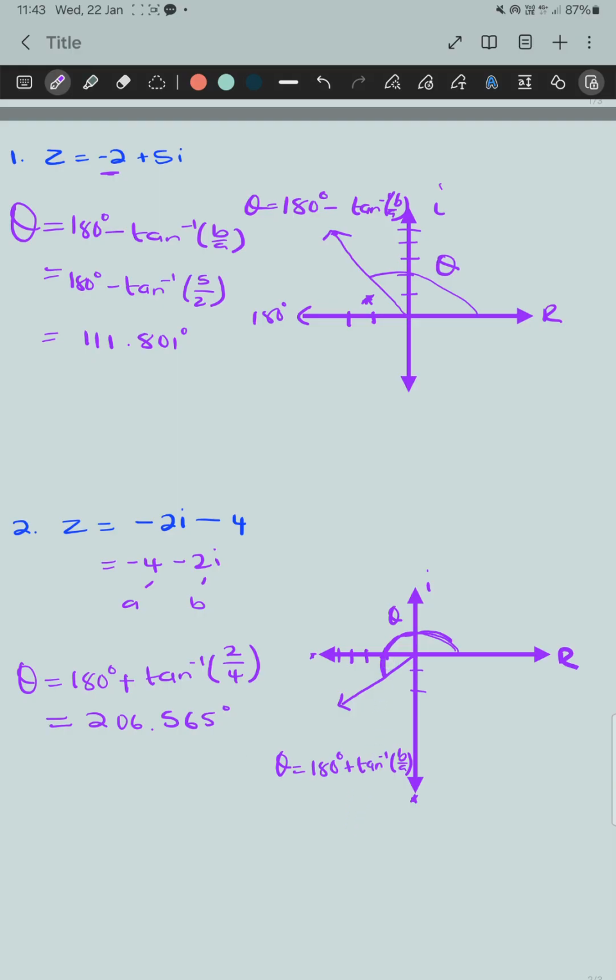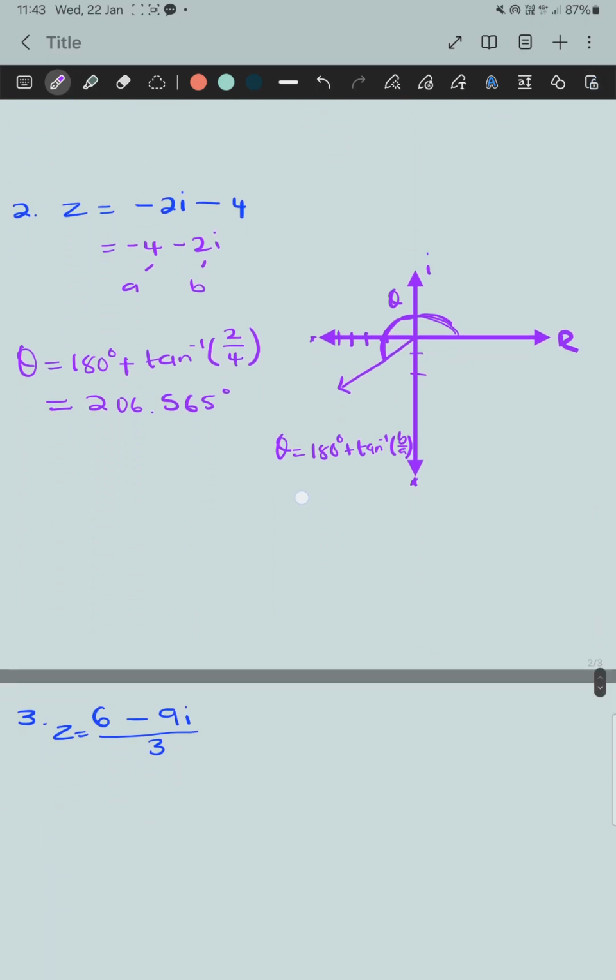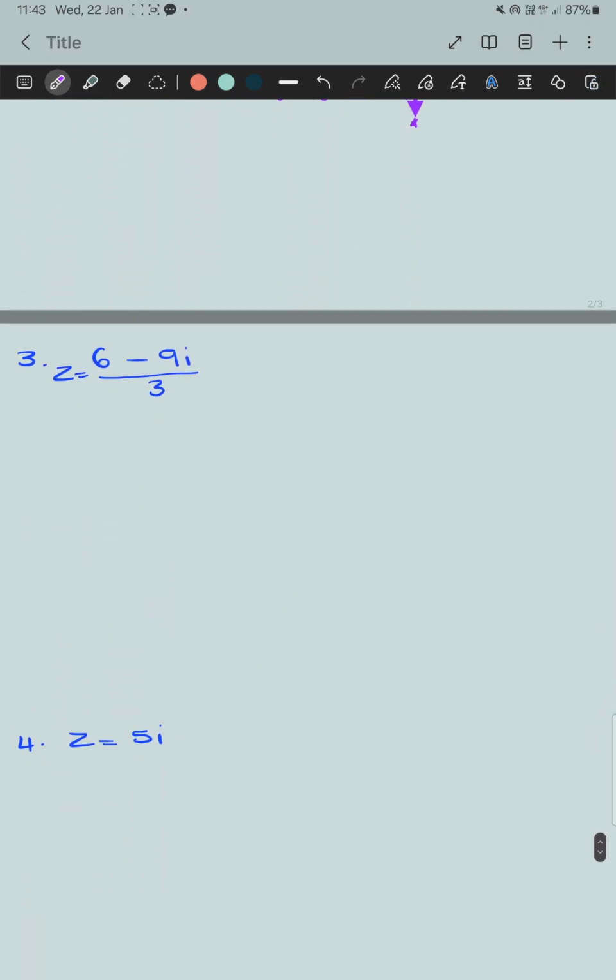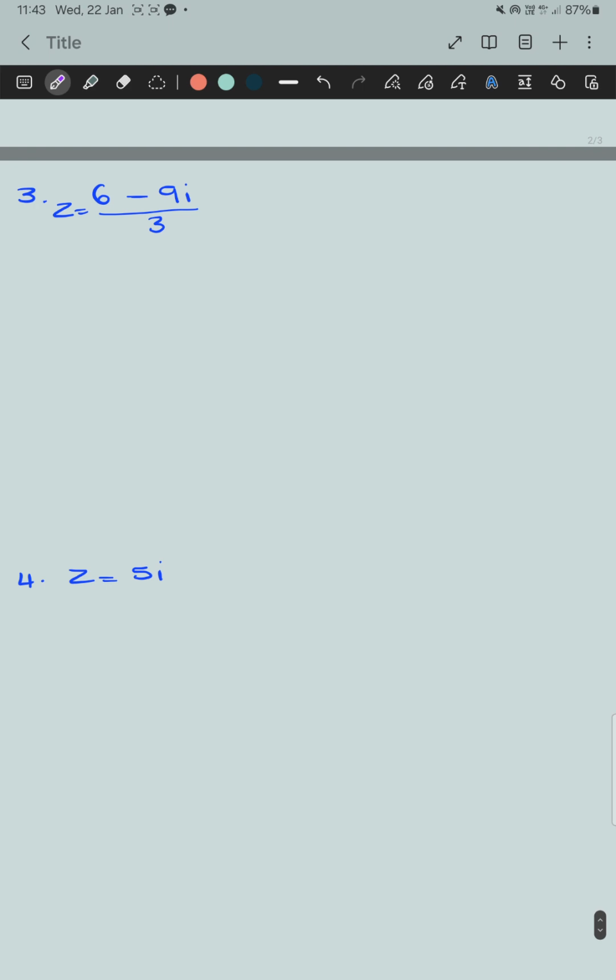Okay, going forward to the next one, number 3. There is our third example. All right, z equals 6 minus 9i over 3. Again, it's not in standard form. So our first job is to write it in standard form.